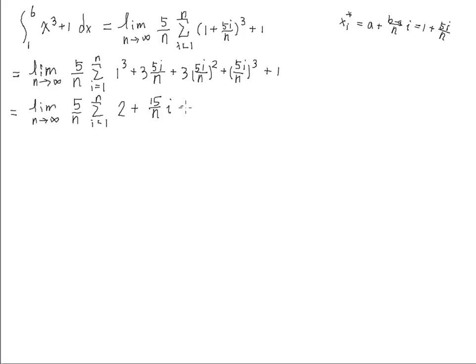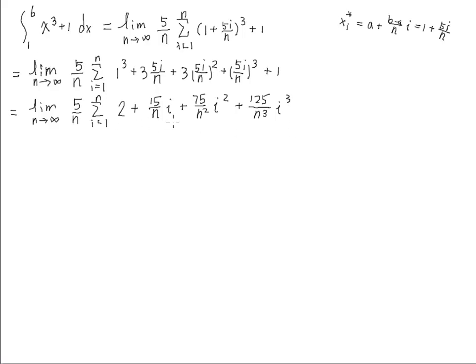Now let's look at the third one over here. 5 squared is 25 times 3 is 75. So we have 75 over n squared, and then we have i squared, right? And then we have this one: 5 cubed is 125, divided by n cubed, and i cubed.